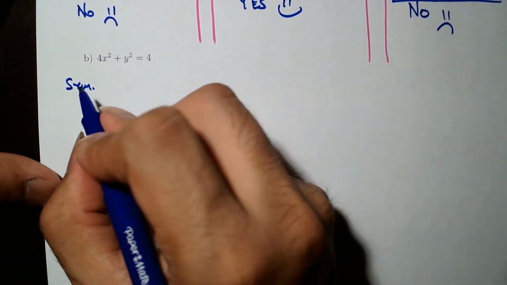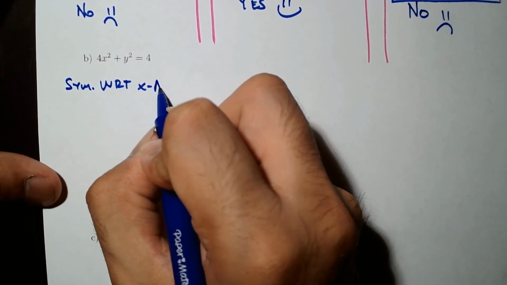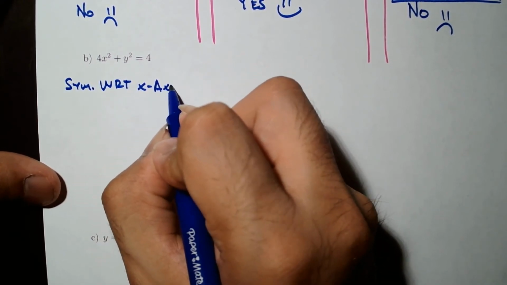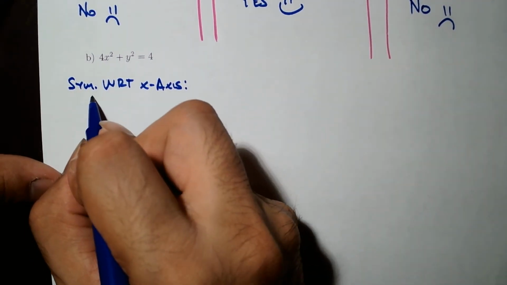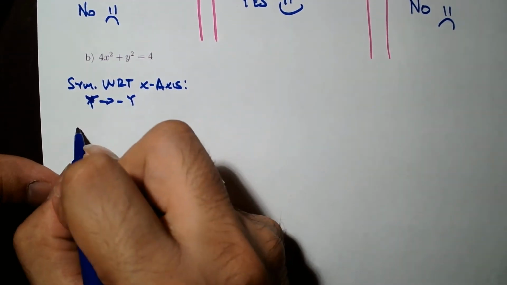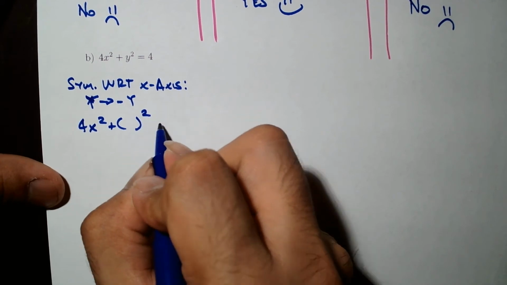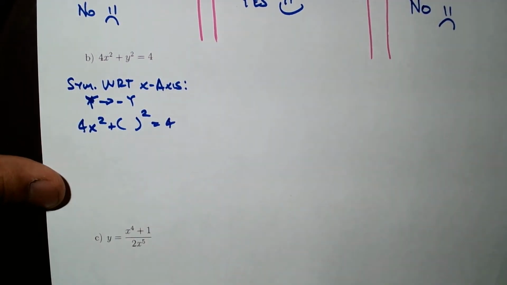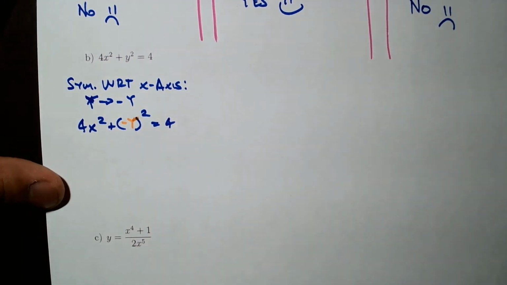I'm just going to use sim with respect to x-axis for short. Alright, so we are going to replace y with negative y. So for x squared plus quantity squared equals 4, where the quantity squared is the negative y squared.